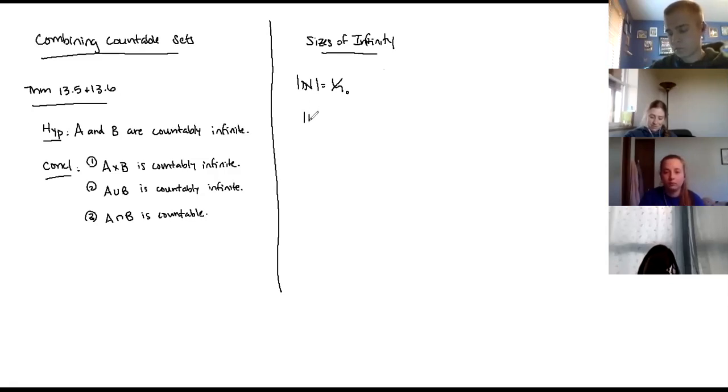I know that the cardinality of the real numbers is bigger than Aleph naught, correct? We did both of those last time. We're good with both of those. So here's the question then.